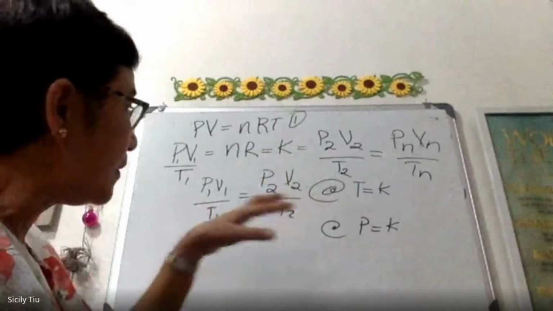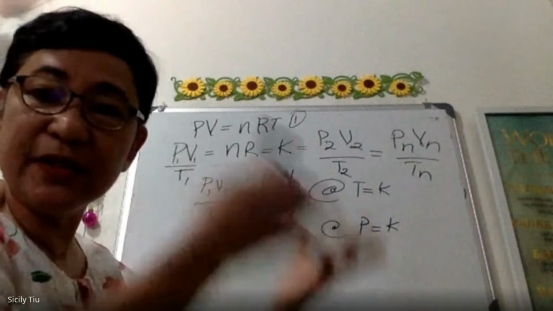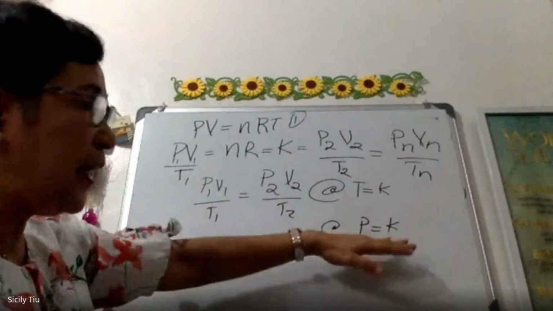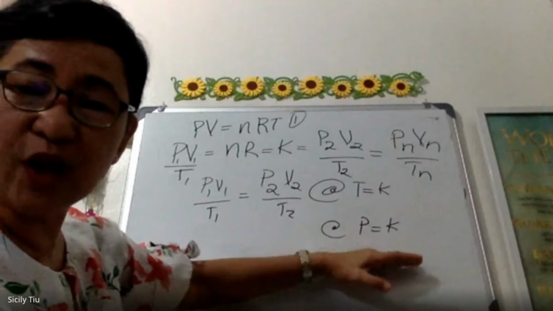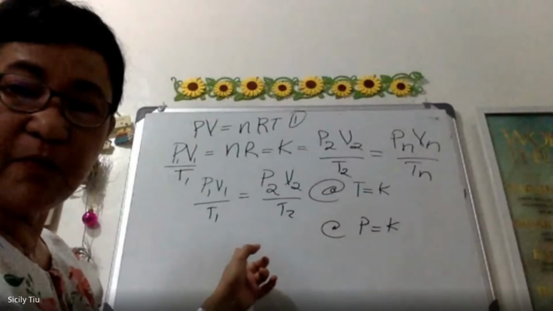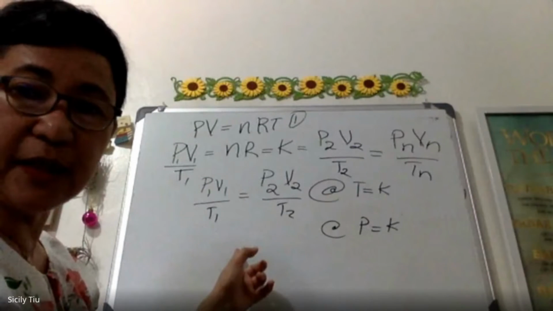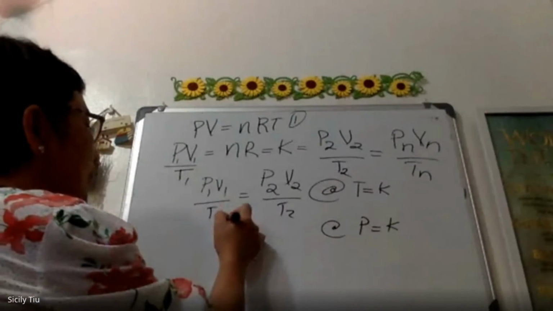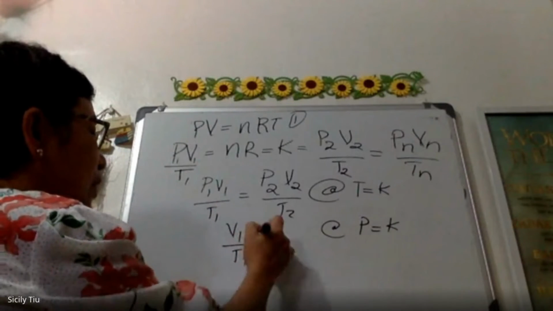Right? Now, back to the combined gas law. If my system is at constant pressure, what can I remove here? Cancel P1 and P2. Okay, very good. So, what is this equation now?